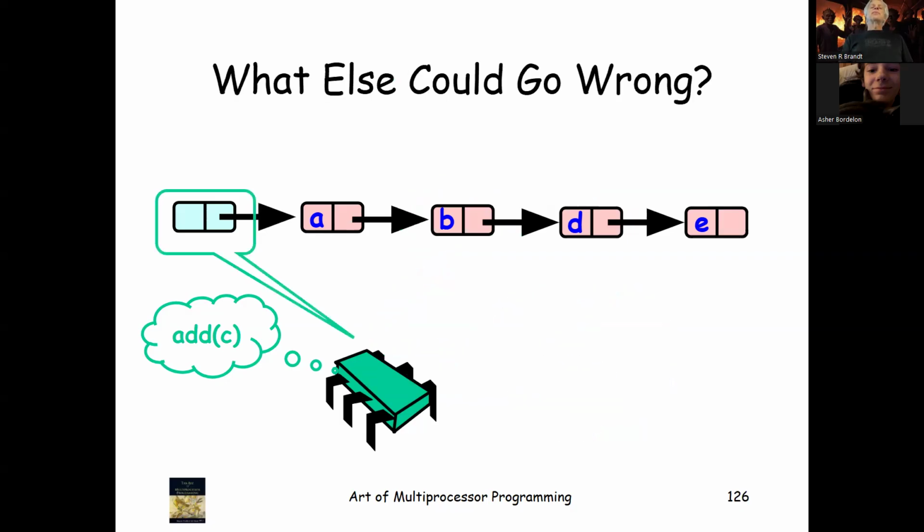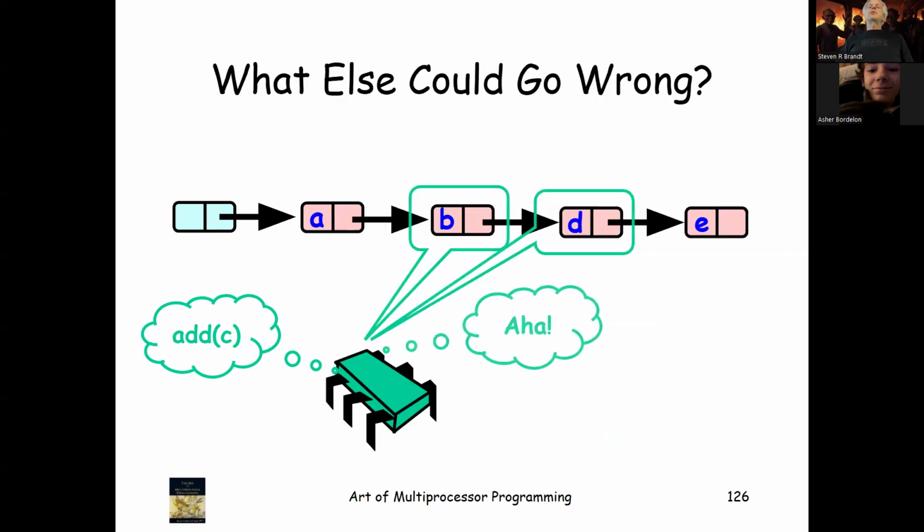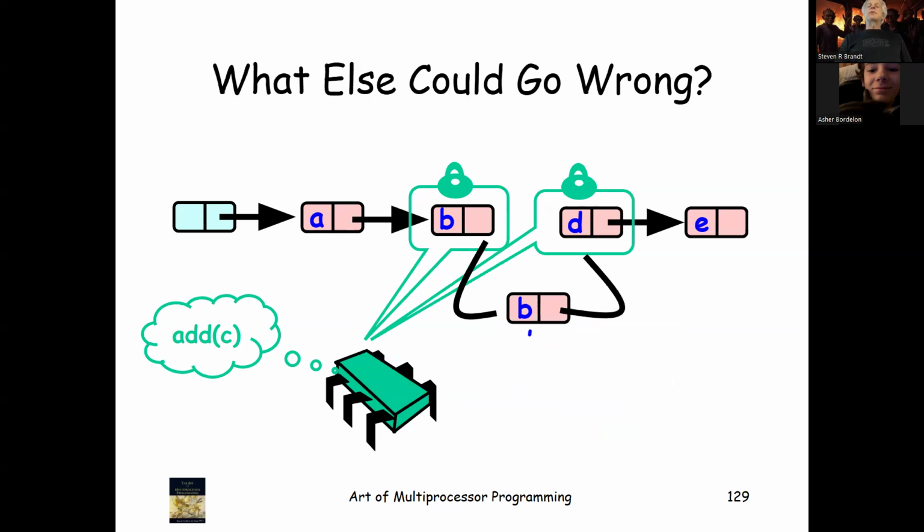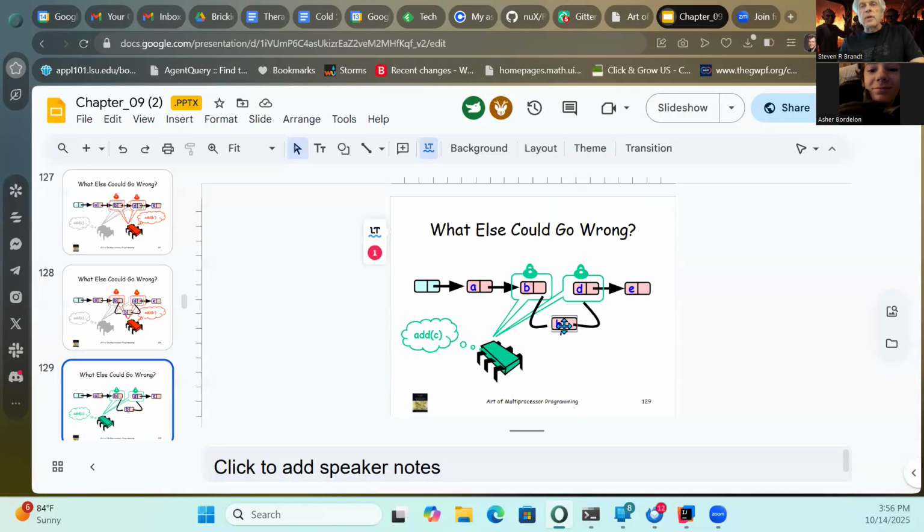So what else could go wrong? I could march over to B and D while I'm adding C, and somebody could go in there and add B prime. Look at that stupid slide, the prime is way down there for some reason. Hold on, I'm going to fix that if I can.